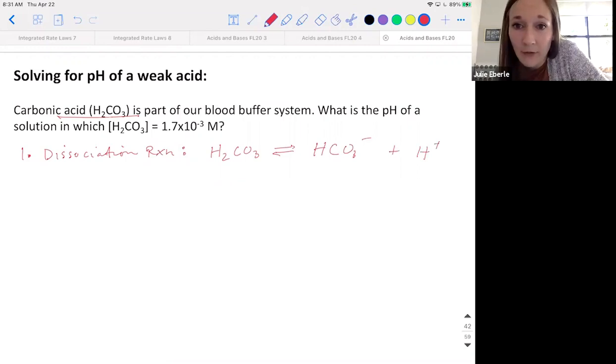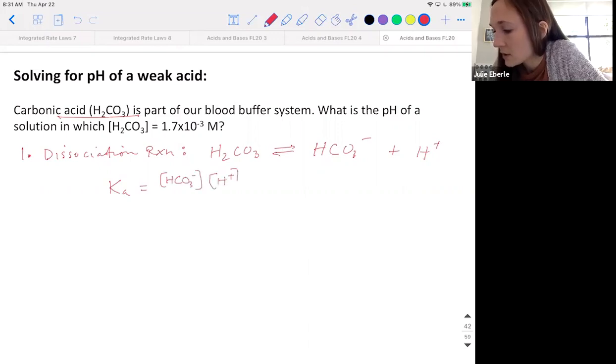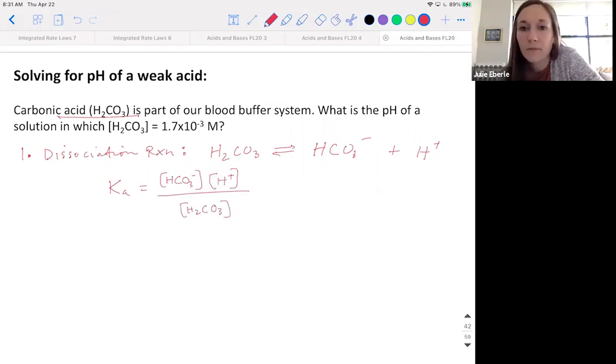So now we write Ka for this, which is products over reactants. It's just all coefficients of 1 here. So Ka equals the concentration of products, which is bicarb, times the concentration of H plus, over the concentration of our reactant, H2CO3. Remember, it's products multiplied by each other over reactants.